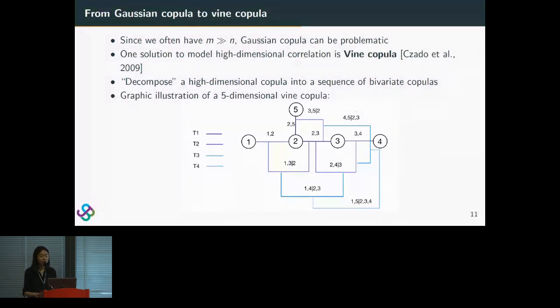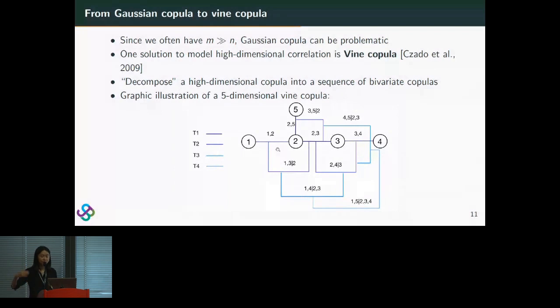To counteract this issue, we use a technique called Vine copula, which I think is a very smart technique that decomposes a high-dimensional m by n matrix by this vine. You can consider this to be a tree. What it does is that it decomposes this high-dimensional correlation matrix by pairwise correlations between the highly correlated features in the first layer, and then the second layer will be conditional correlations given the first layer.